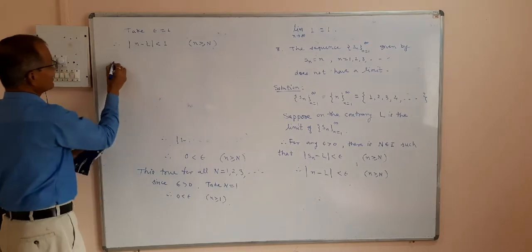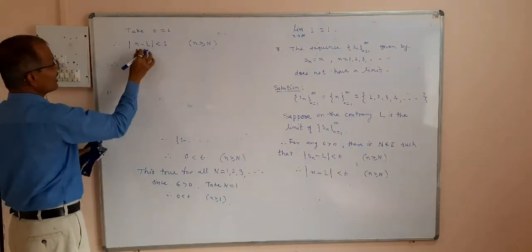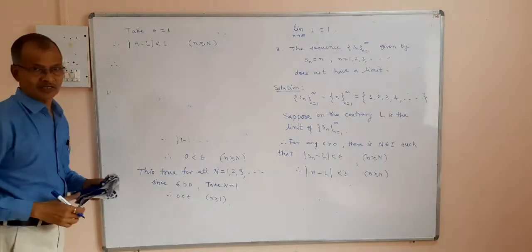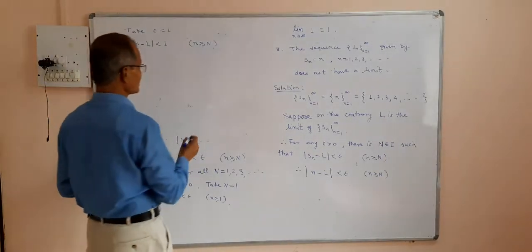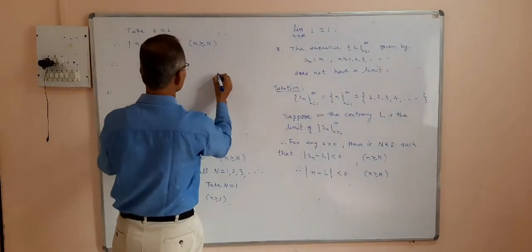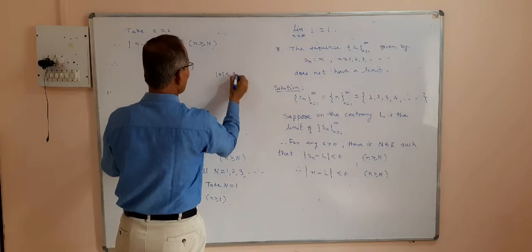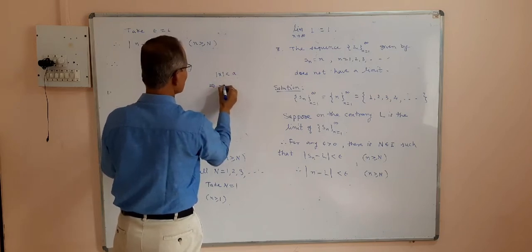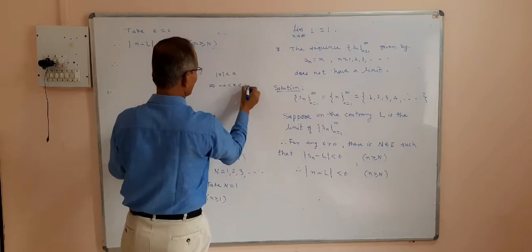Now what does the inequality suggest? This number lies between plus 1 and minus 1. Mod of x less than a implies minus a less than x less than a.